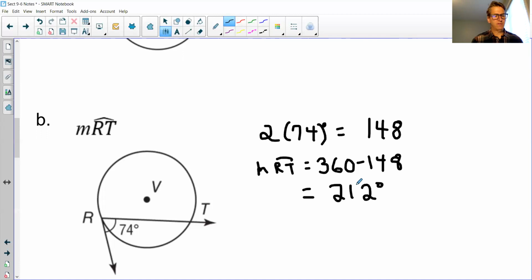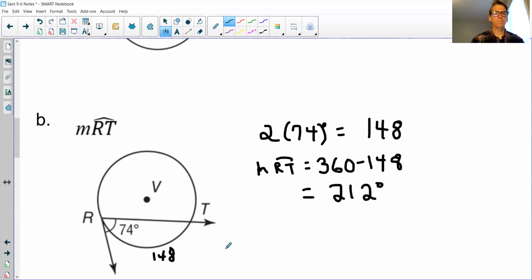So remember, the measure of the angle is 1/2 of the measure of the arc. Again, this was 74. We doubled it to get 148, and we subtracted the 148 from 360 to find the measure of RT.